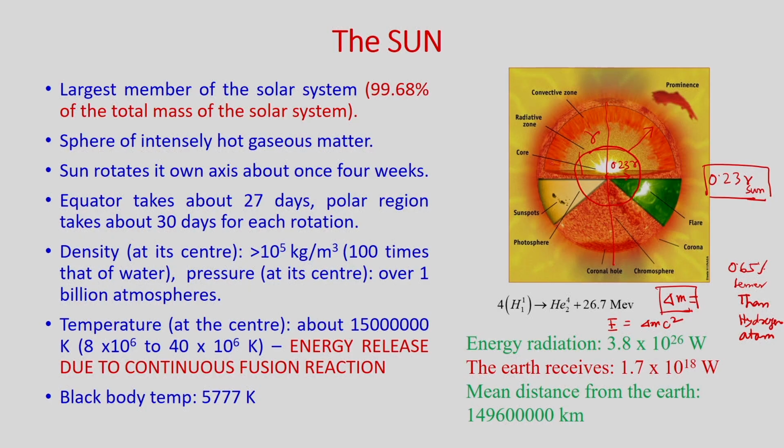And as you can see, this portion is a convective zone. As you can realize, the core temperature is very high, and the surface temperature is reported to be about 6000 Kelvin.